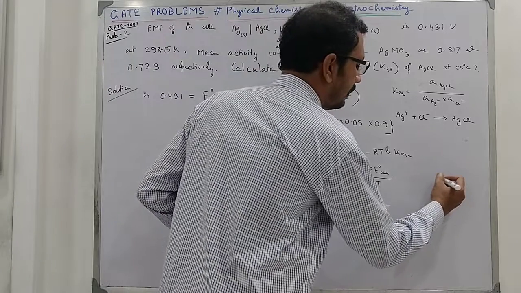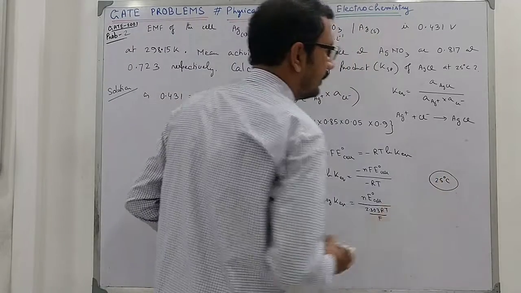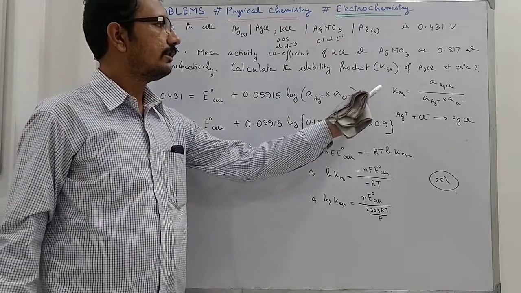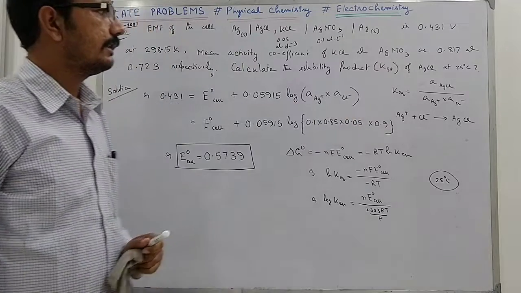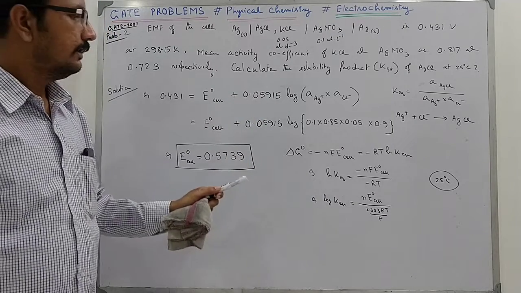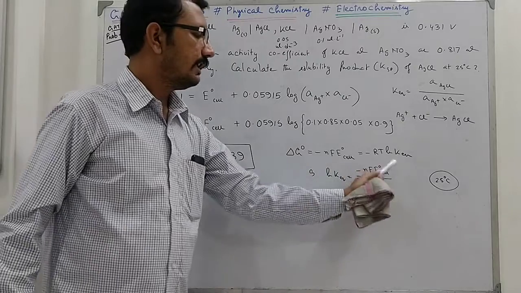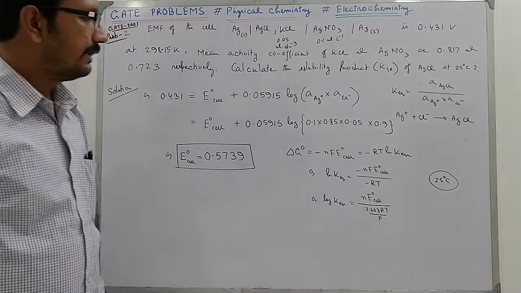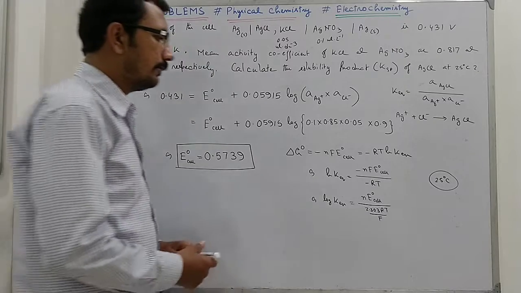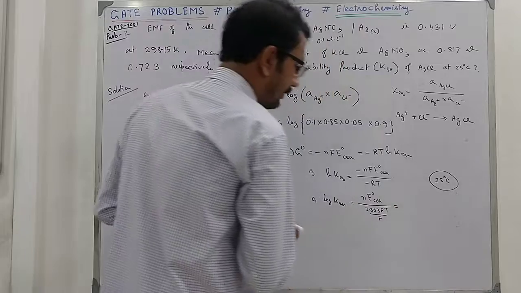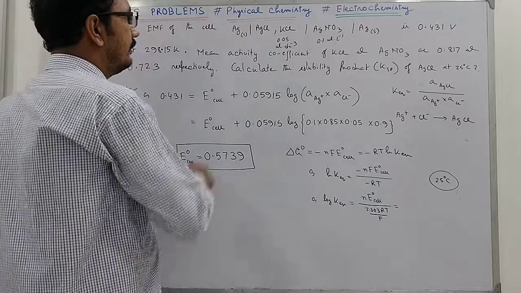Now it is at 25 degrees centigrade, since in the question we have to calculate the solubility product of AgCl at 25 degrees centigrade. To find the solubility product, the system must come to equilibrium. Since we are dealing with the equilibrium constant, we will use the temperature 25 degrees centigrade. We have already performed the calculation. Now what is the value of n?